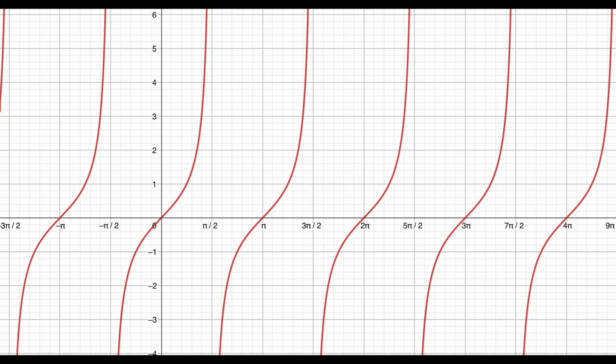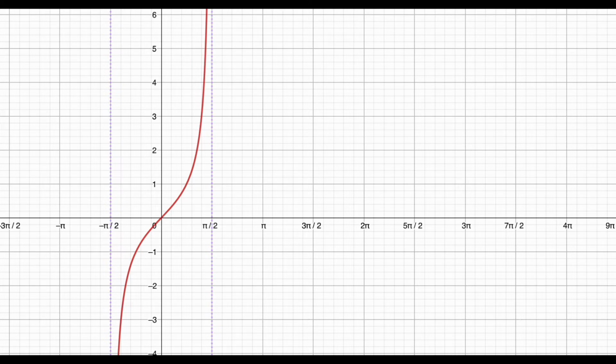So if I want to find the inverse of the tangent function, I need to just pick one of those branches, because each one is 1 to 1. So all I have to do is find two asymptotes that I want to be stuck between. Let's pick them at minus pi over 2 to pi over 2, and then I don't really need the rest of the function, so I can get rid of that and just use that one.